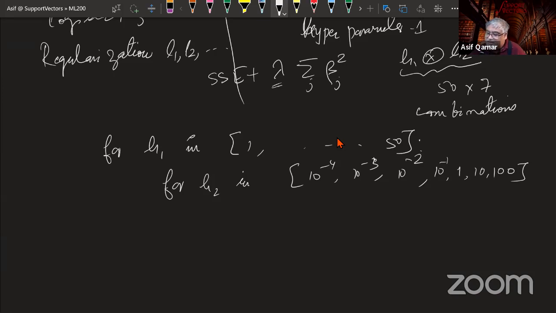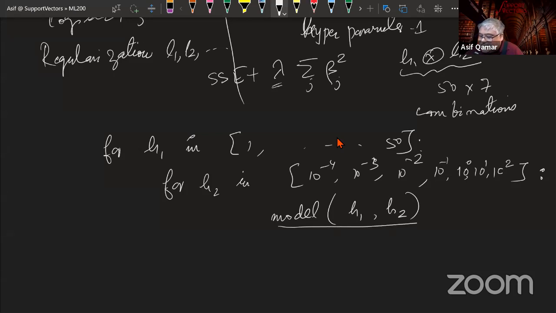For each of these combinations, you can build a model with the H1 and H2 values.